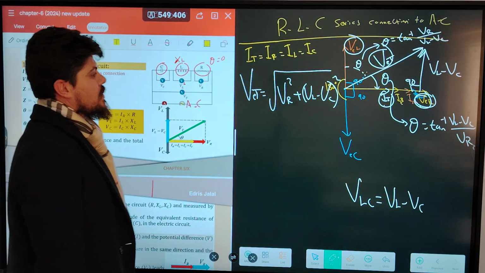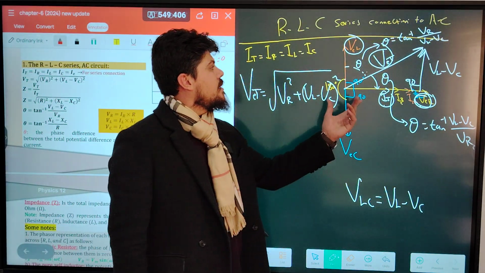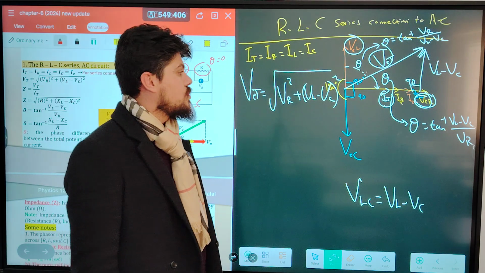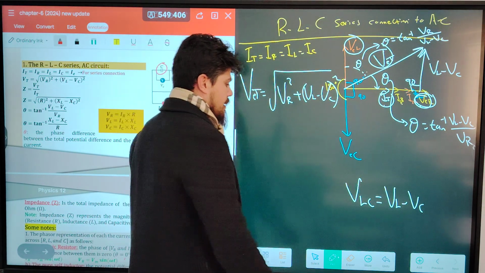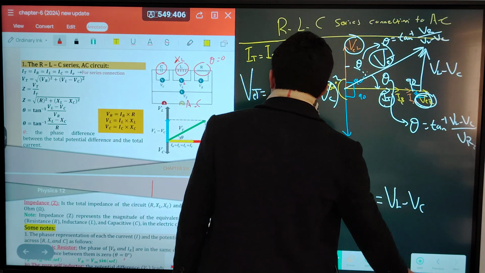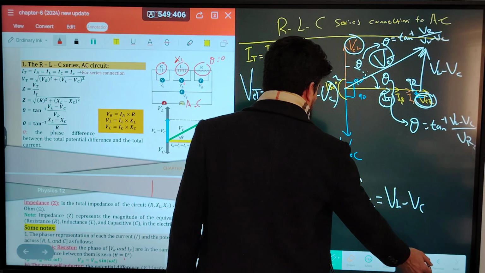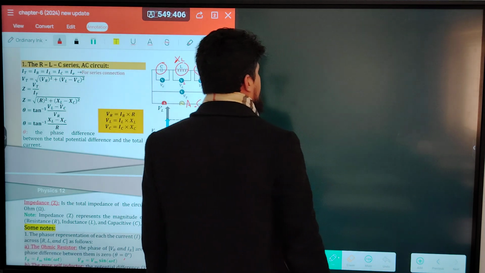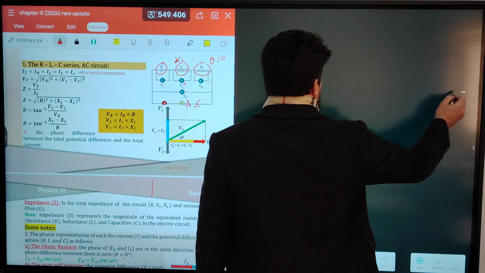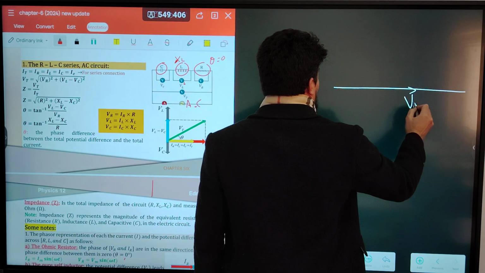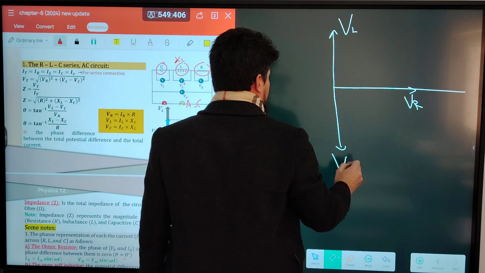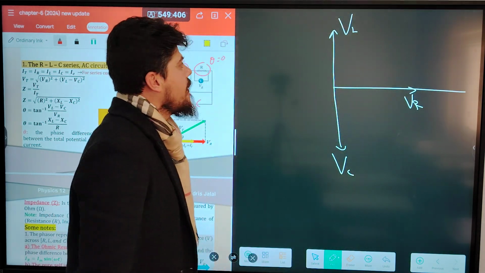So this is the phasor diagram of the total potential difference in RLC series connection to AC circuit. Guys, at the same time, we can also find the total impedance, which is Z. We have VR here, VL, VC.